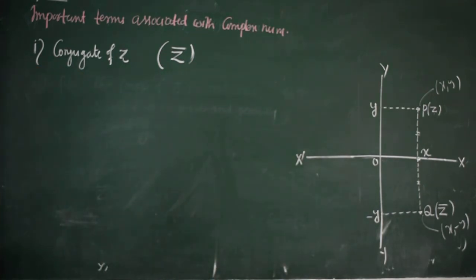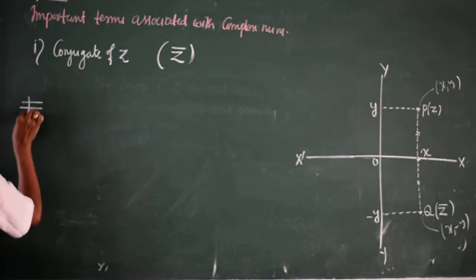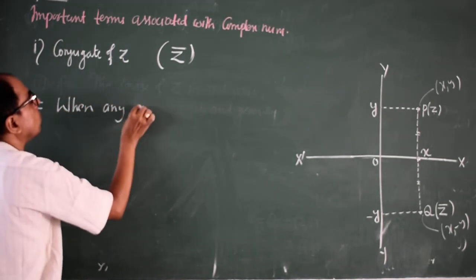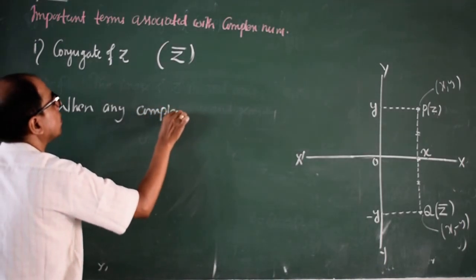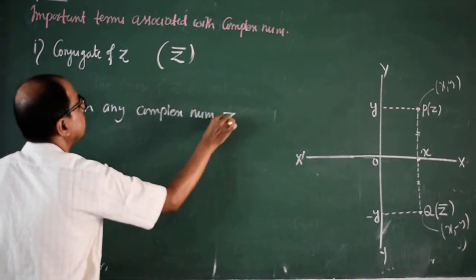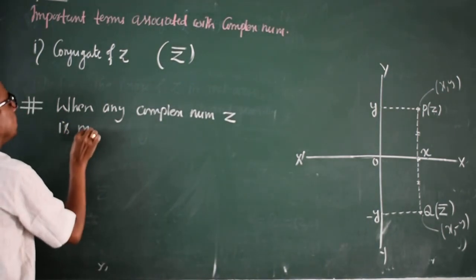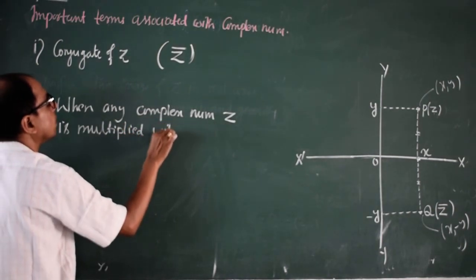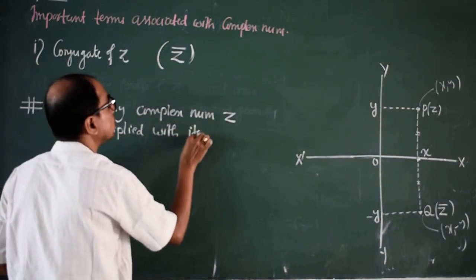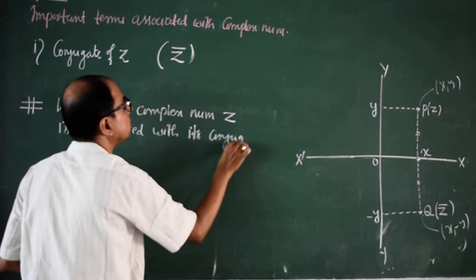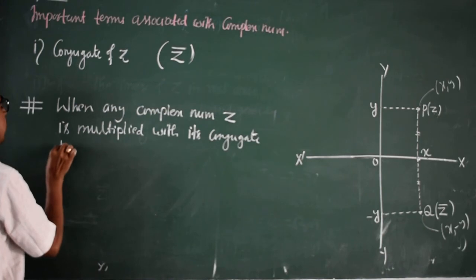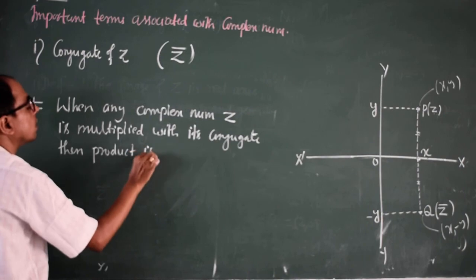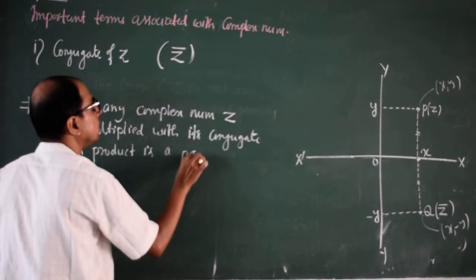When any complex number z is multiplied with its conjugate, then the product is a positive real number.